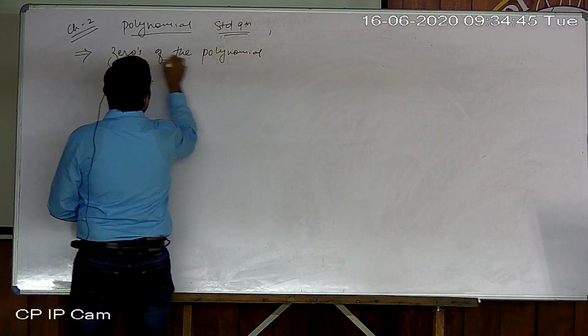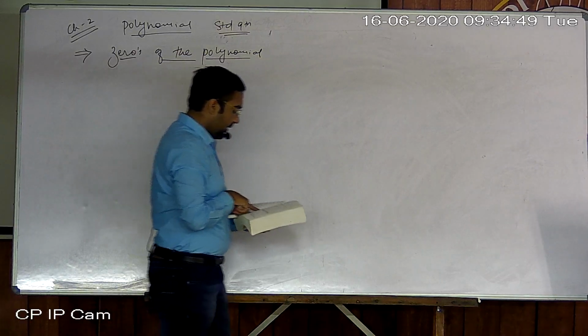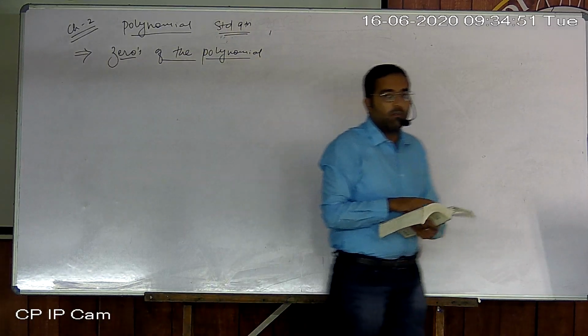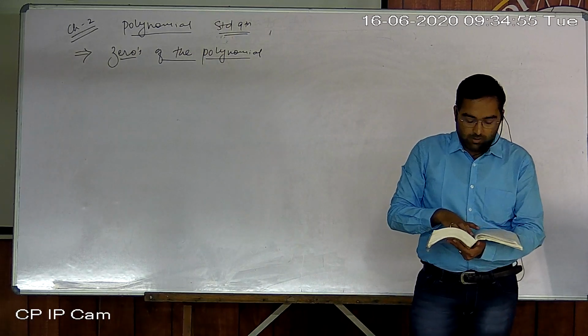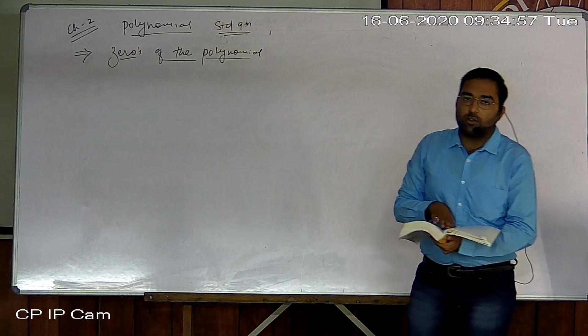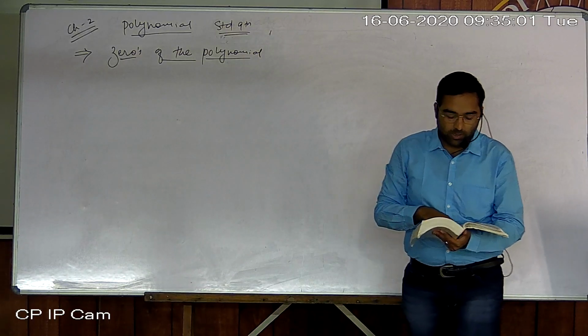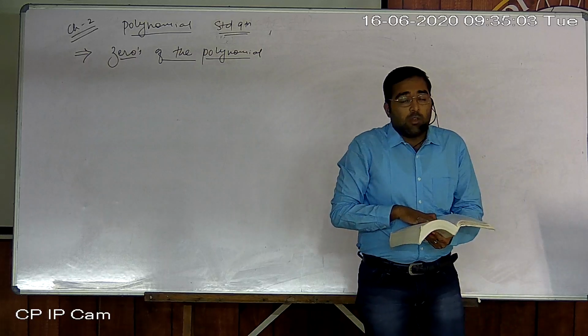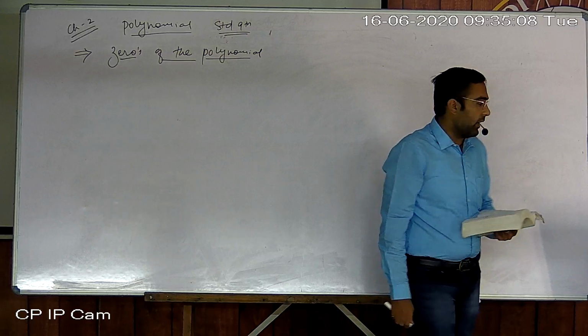As we know from the previous lectures, I already told you that zeros of the polynomial means values of the x.